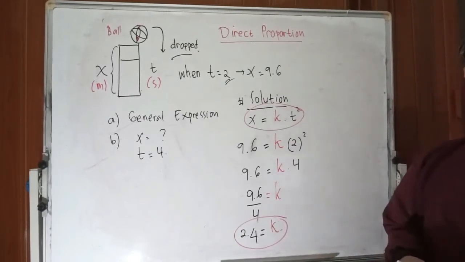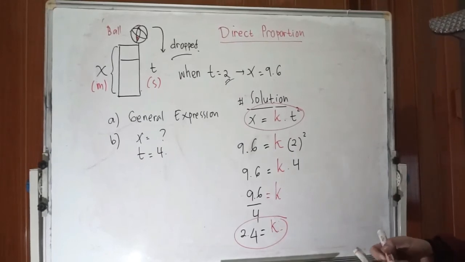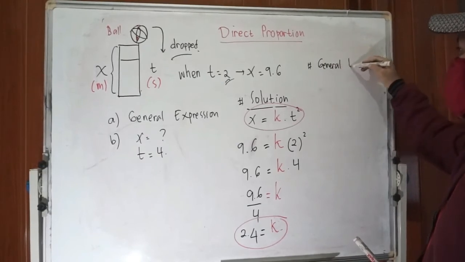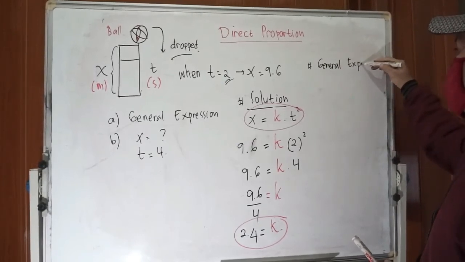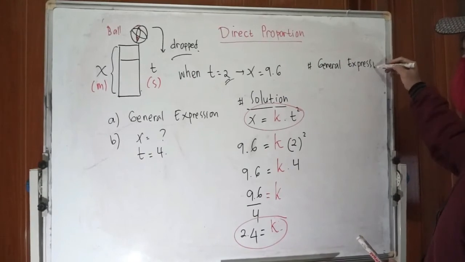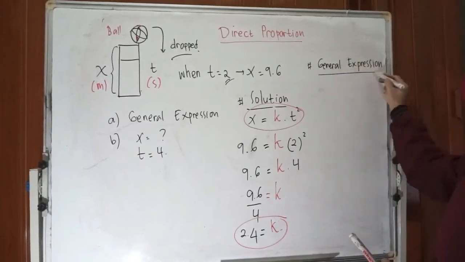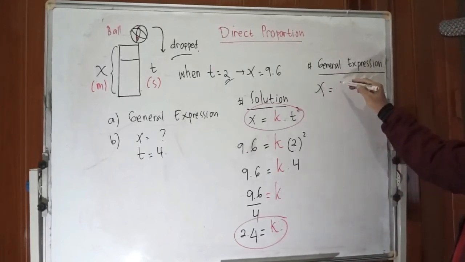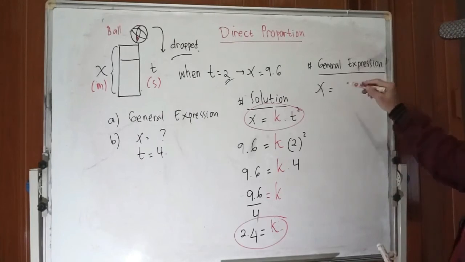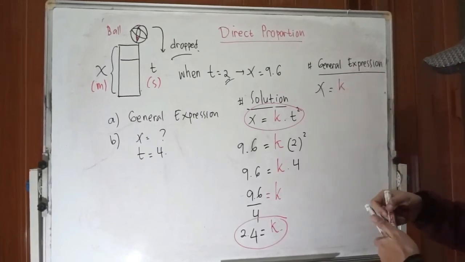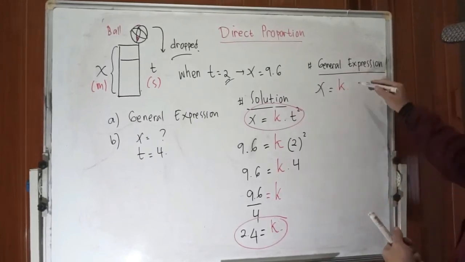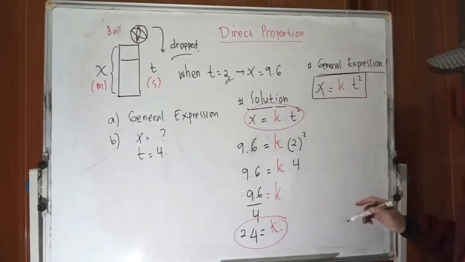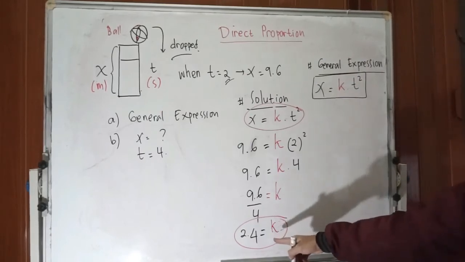Now we go to the general expression. For the general expression, because x equals k times t squared, we just insert the value of k.